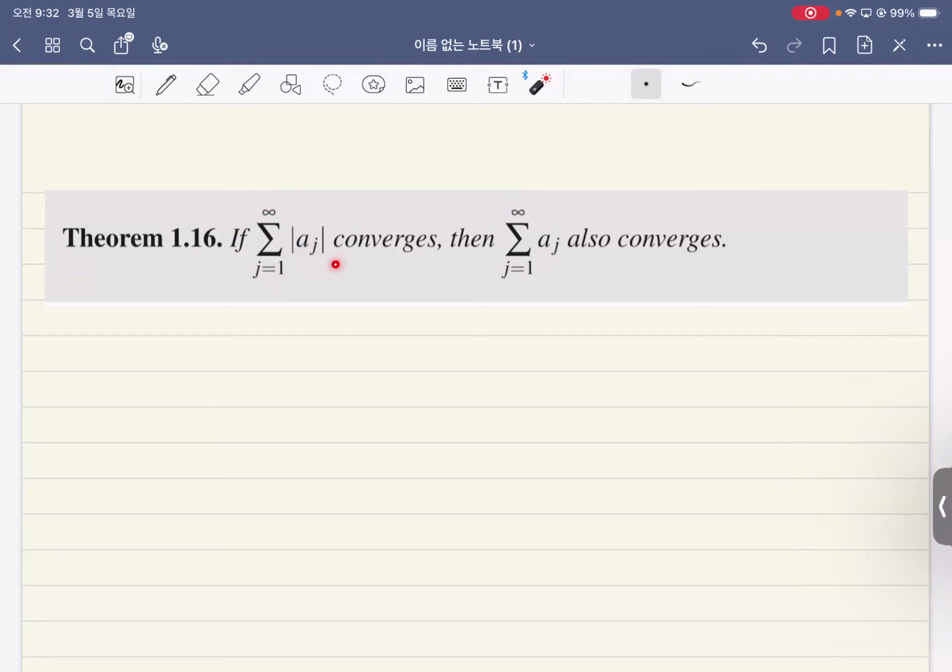Now this series contains only non-negative terms, right? And suppose that somehow we were able to show that this one is convergent. In that case, we are also safe to say the original series is convergent.